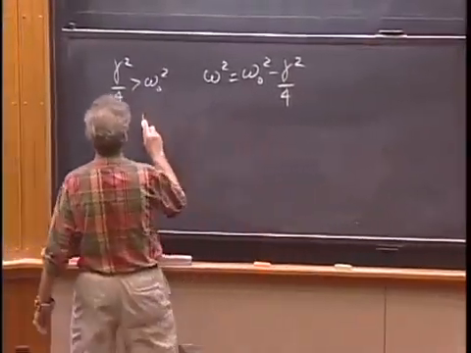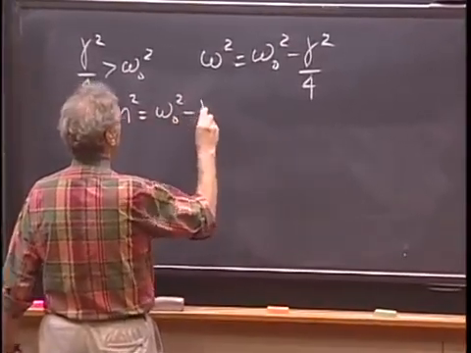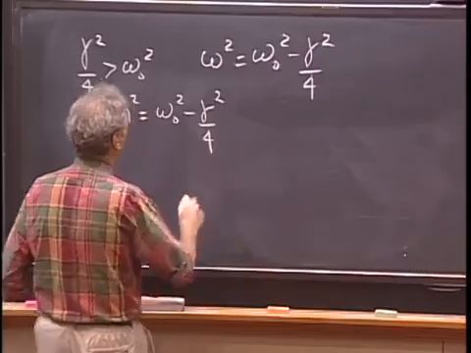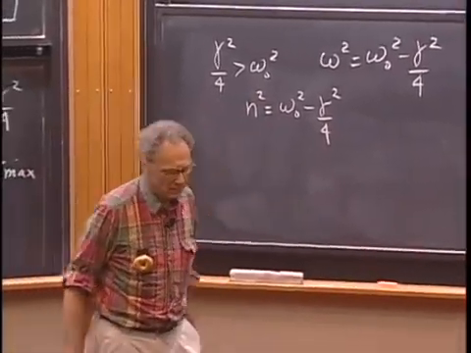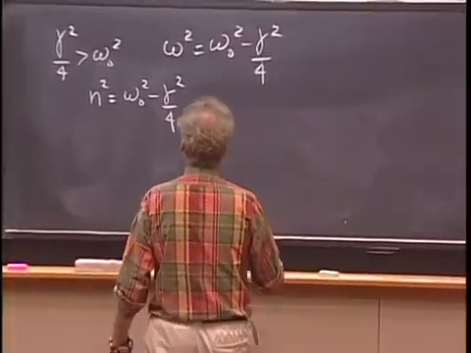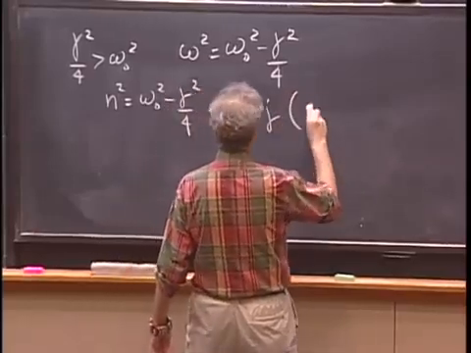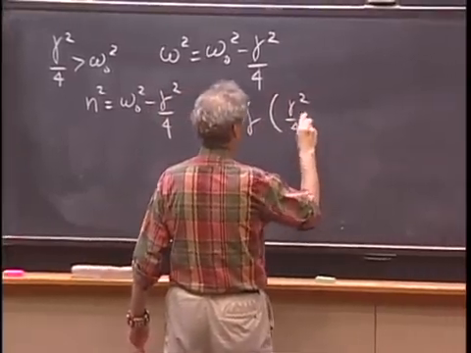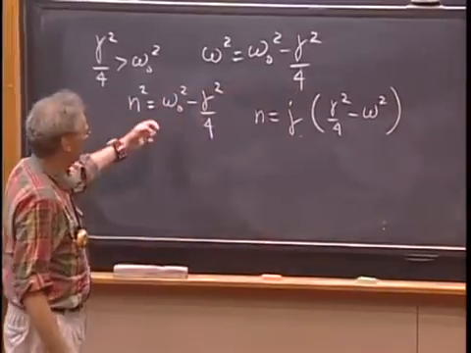Remember, we did have at one point in time n squared equals omega 0 squared minus gamma squared over 4, and then we recognized that n really is omega. Well, n is therefore also j times gamma squared over 4 minus omega squared, because if you square this, you get that.